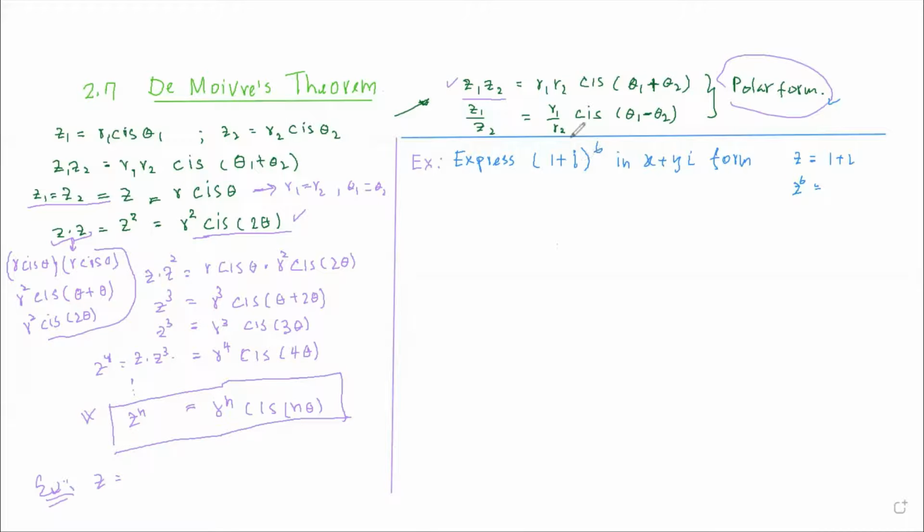So in this case, we know how to do the solution. Inside here, we know z is 1 plus i. In general, if the question asks you to express this in x plus yi form, z equal to 1 plus i, you know how to do, correct?